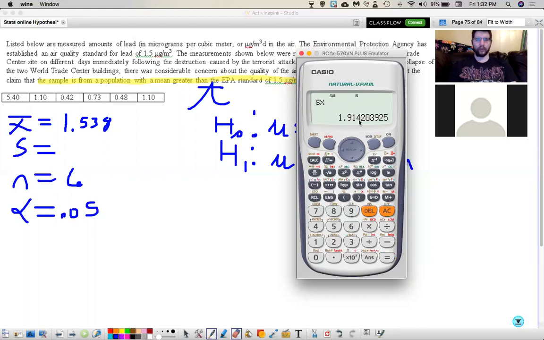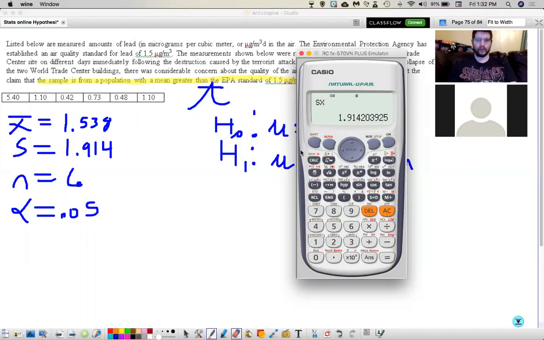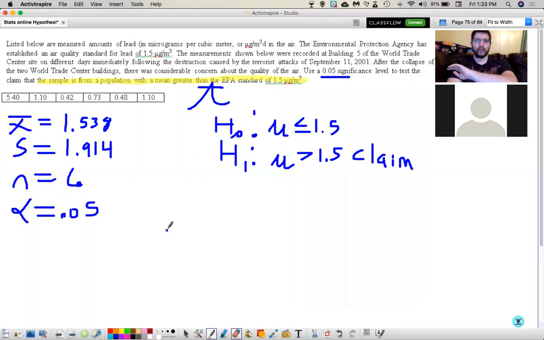That's 1.914. I'm going to store that one, shift, so B. So now I've got S and X bar saved in my calculator. I don't have to worry about rounding issues.